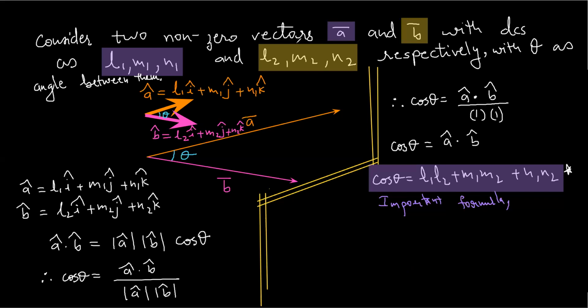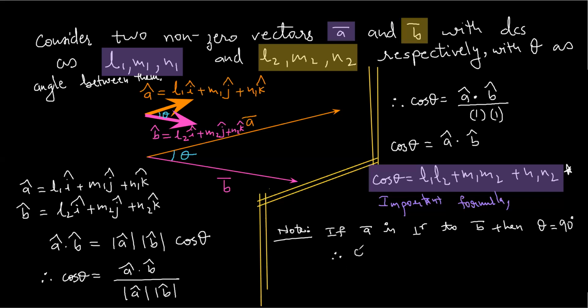Now here I will go for one important condition. So let me write a note here. If A bar is perpendicular to B bar, then what will happen? Then theta equals 90 degrees.